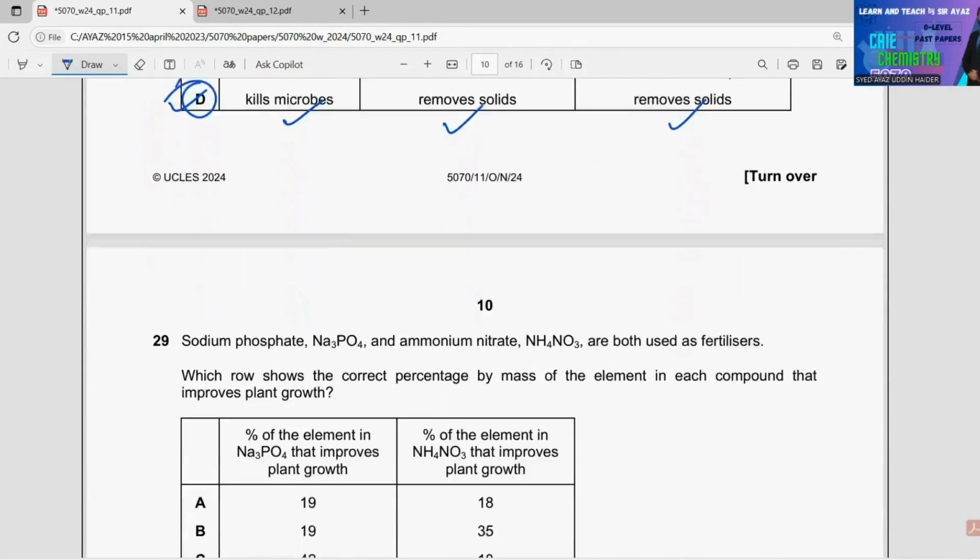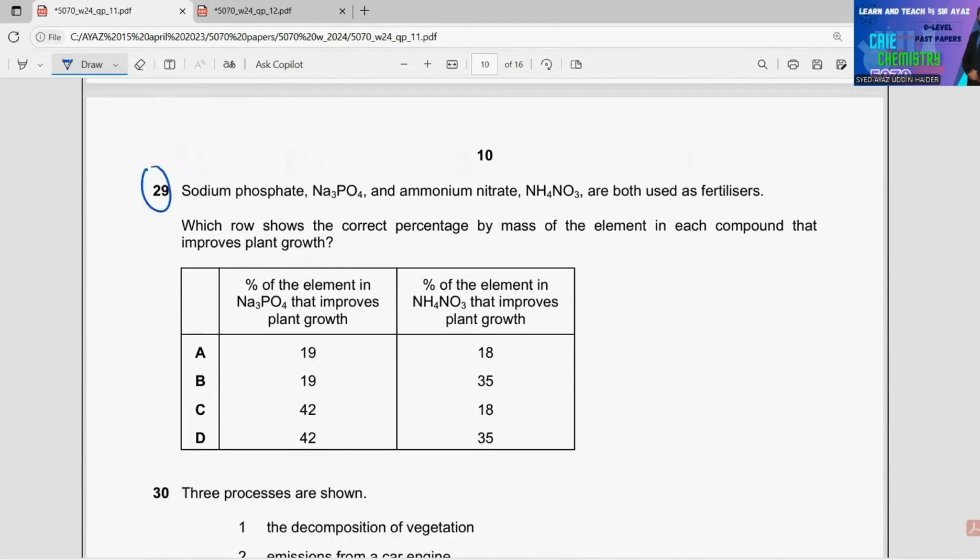Moving to the next MCQ, which is 29. Sodium phosphate, Na3PO4, and ammonium nitrate, NH4NO3, are both used as fertilizers. Which row shows the correct percentage by mass of the element in each compound that improves plant growth?